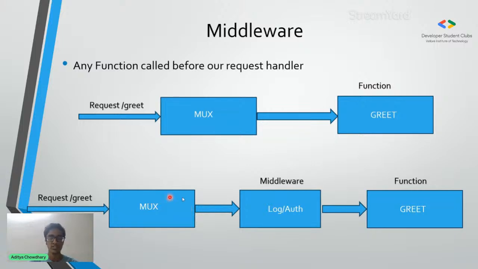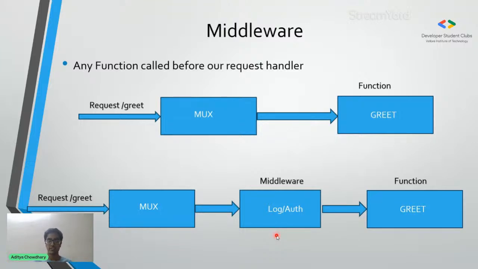You have the server mux, you have a middleware function over here, which can do many things. Most common use cases is logging the request that you've got, and also checking, for example, in actual applications, whether the user who's calling that request is authenticated. Do we know the user? Do we want to expose private information to this user?